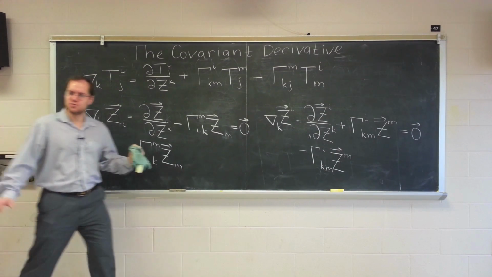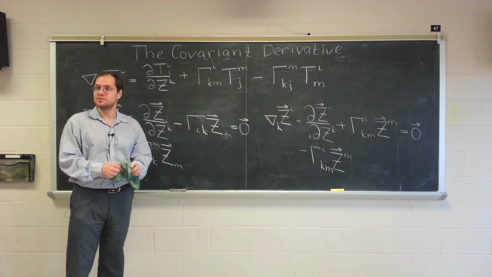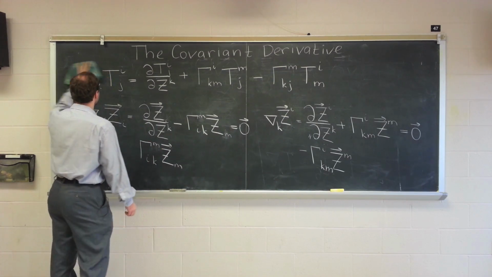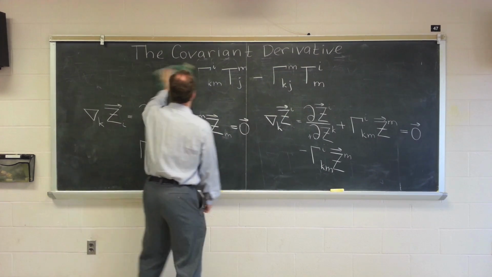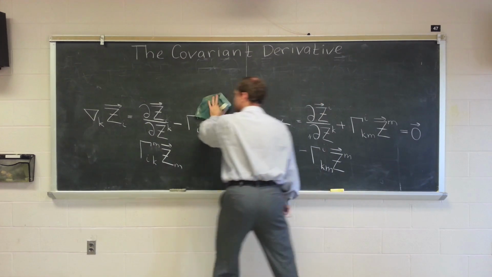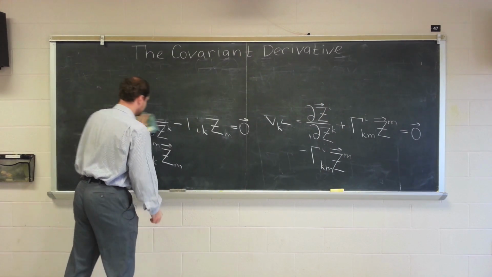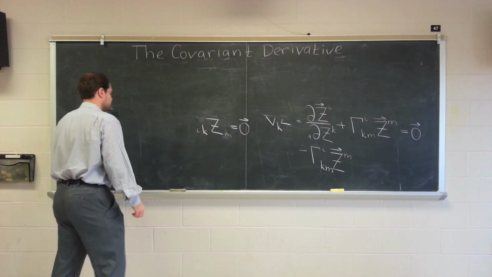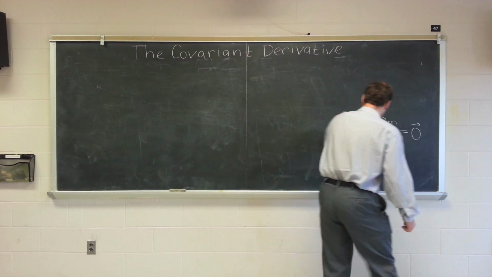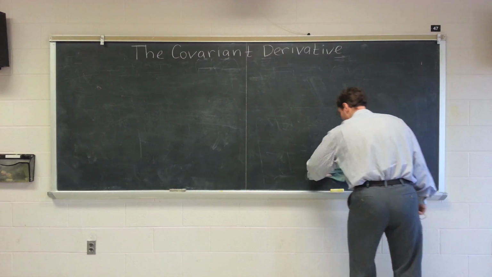Let's assume that the product rule holds. I think I'll even have time to prove that the product rule holds. How about this? Do the product rule and then the metric tensor.